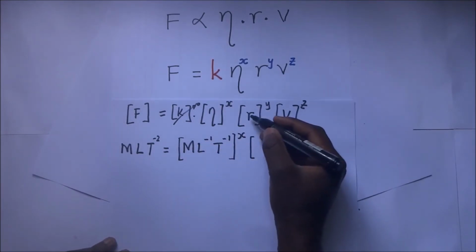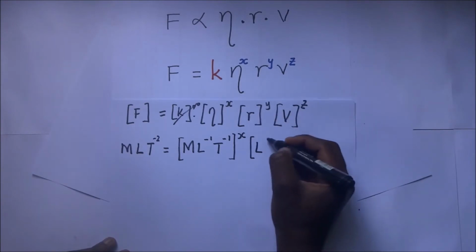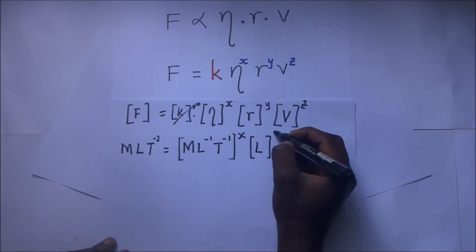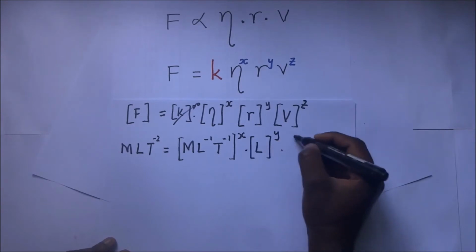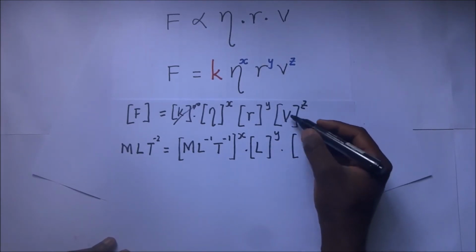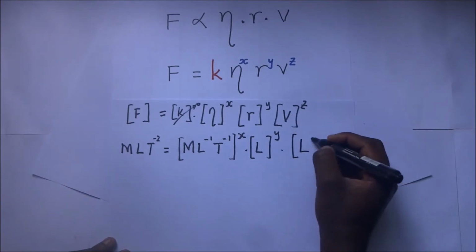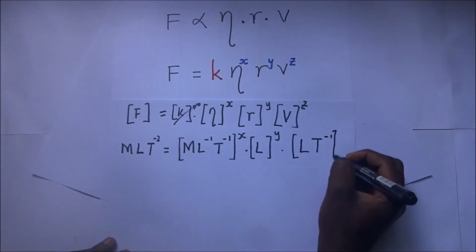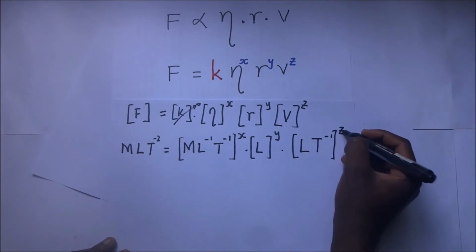Multiply that by r. r is the radius, a length, so that is L to the power y. Multiply that by v to the power z. Now v is velocity. Velocity is LT^-1, and that is to the power z.